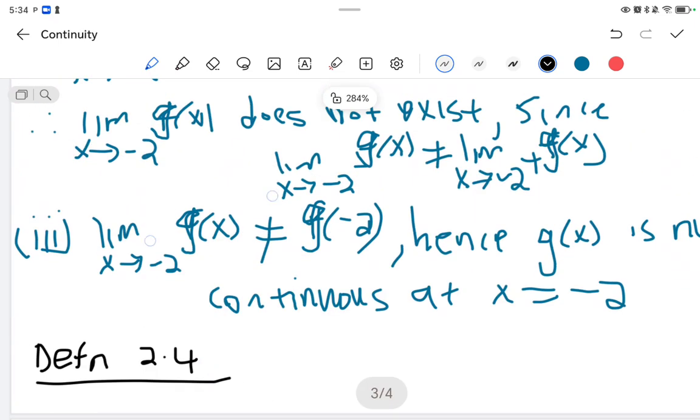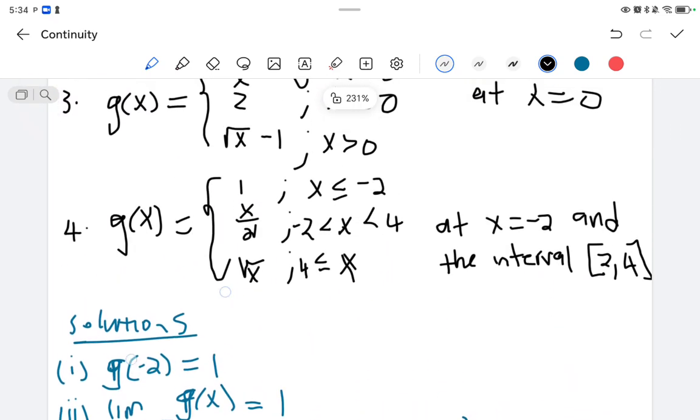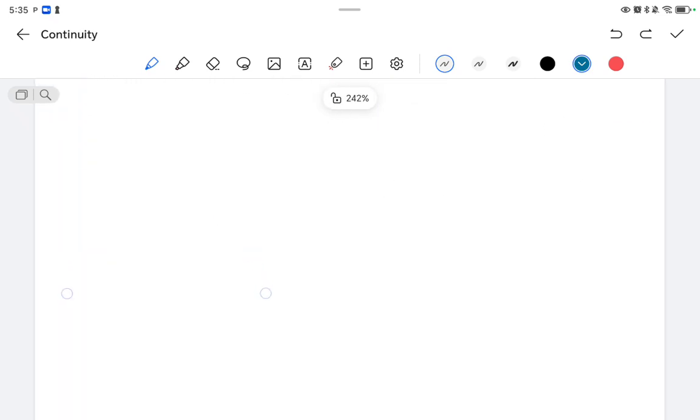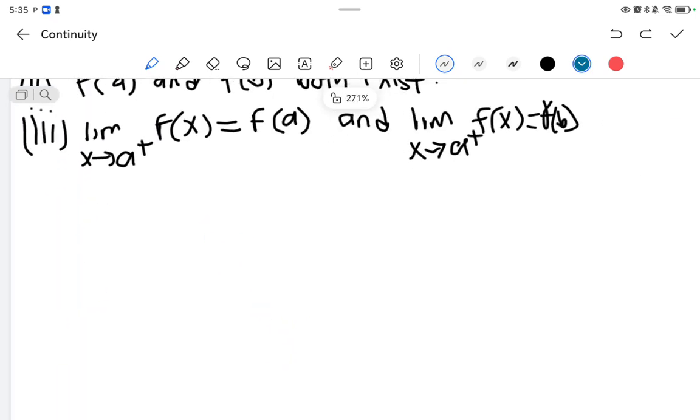Now with B, with this one of 2, 4, to check that g of x is continuous in this closed interval, I'm going to first have to check the open interval. Let me say Roman figure 1.